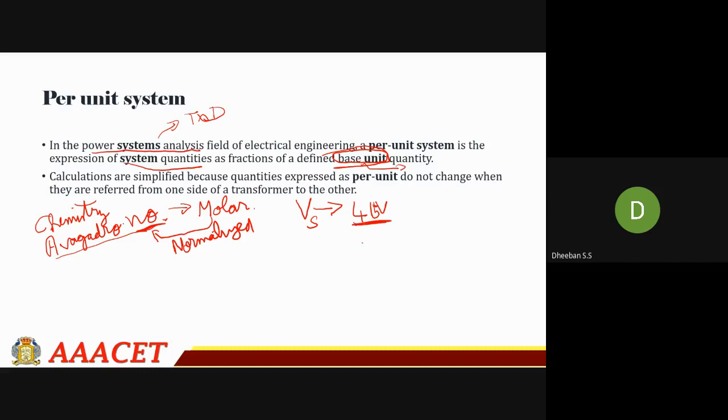For example, from your Thuthukudi power plant, you are sending 415 volt to all the houses and all the industries in Tamil Nadu. At that time, this will be taken as a base unit. Based upon this base unit, if there is any voltage drop, they will find the percentage of voltage drop, keeping this as your base quantity.